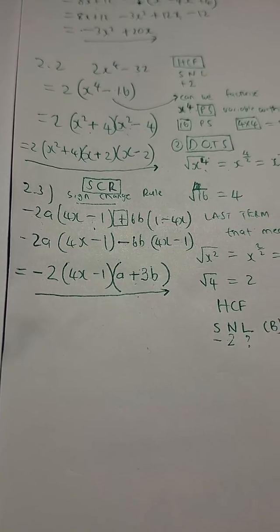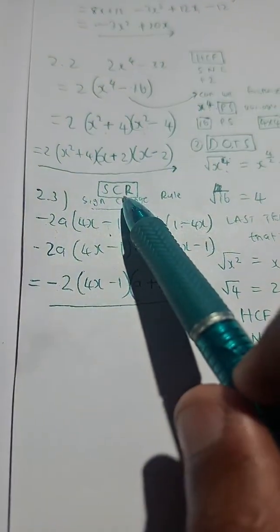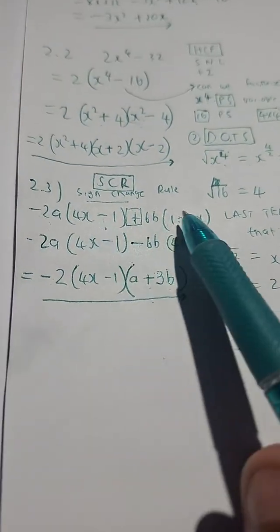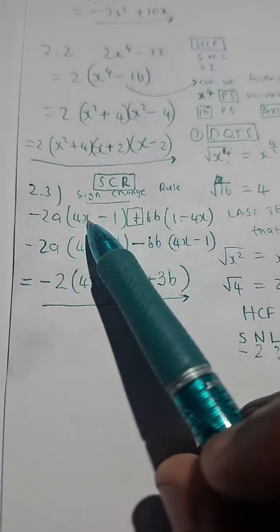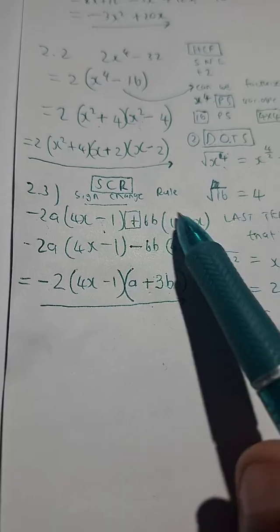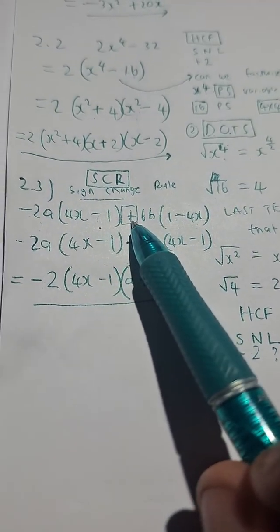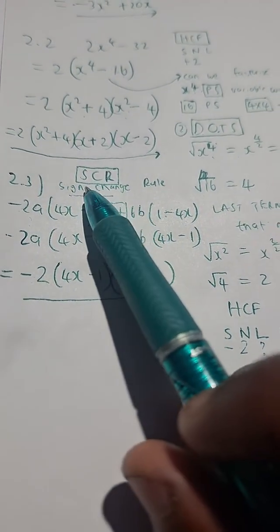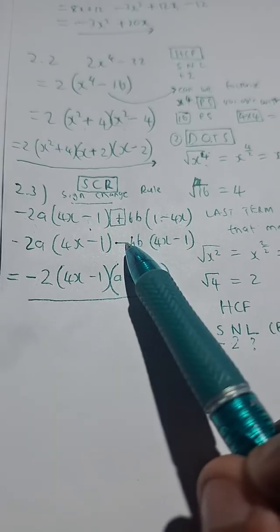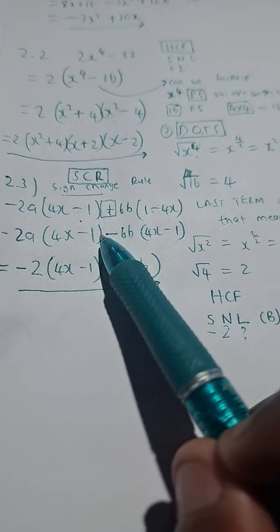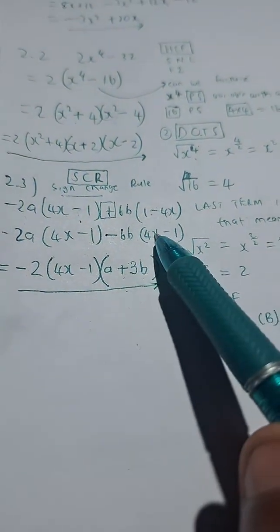Do not forget the procedure, guys, that we apply when brackets are not common and the sign in between the terms is negative for both. We can apply the procedure that says: change the sign, change the order.